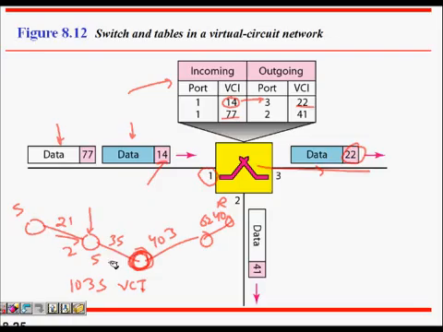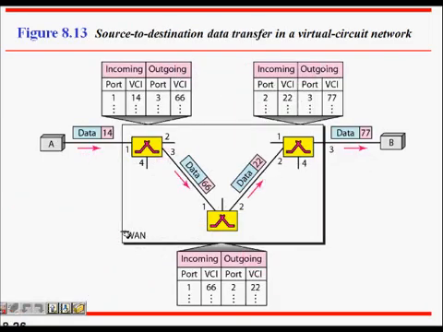Hence, in the request phase when the packet is coming, this router will decide which virtual circuit identifier it should give, so that it is available.